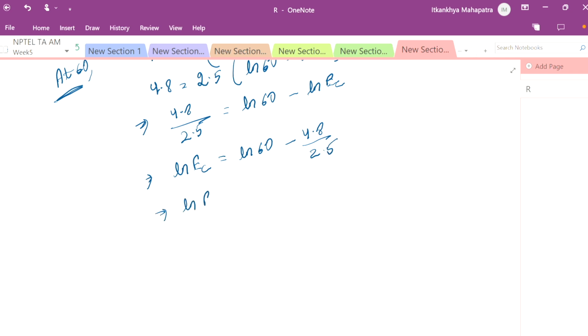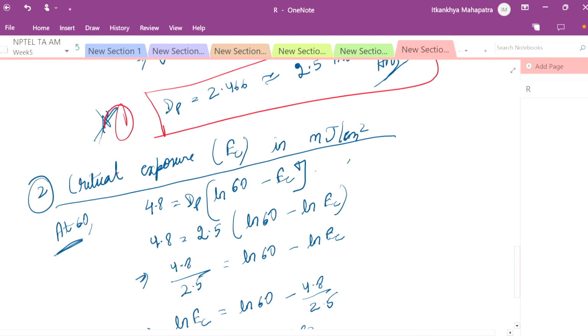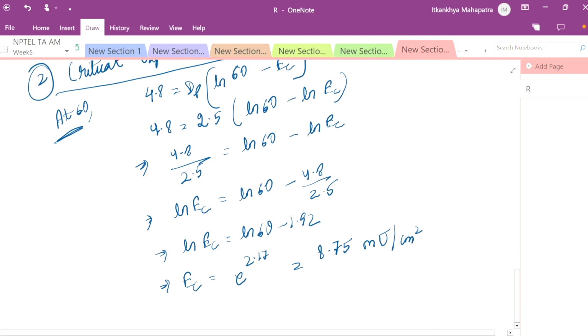This becomes ln 60 minus approximately 1.92, and EC is equal to e to the power 2, which becomes 17.5 mJ per centimeter square. This is your second answer.